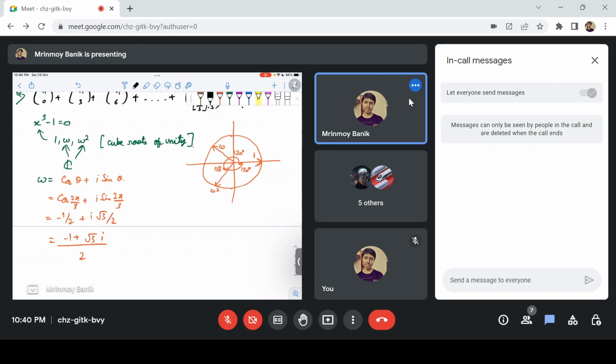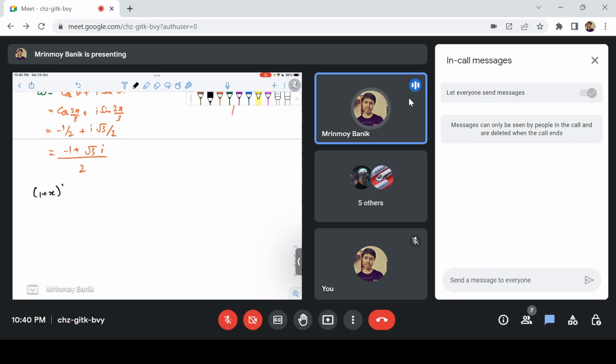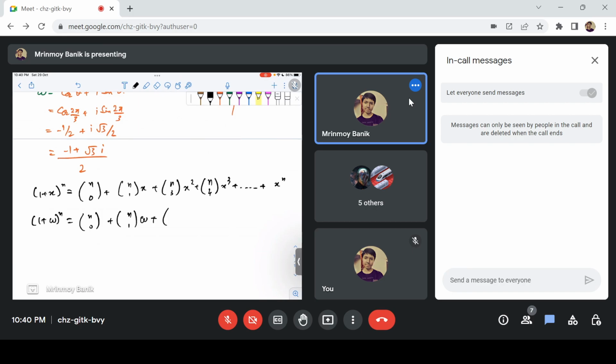So using that, we know (1 plus x) power n has this expansion: nC0 plus nC1 x plus nC2 x squared plus nC3 x cubed, up till x power n. First substitute omega here.